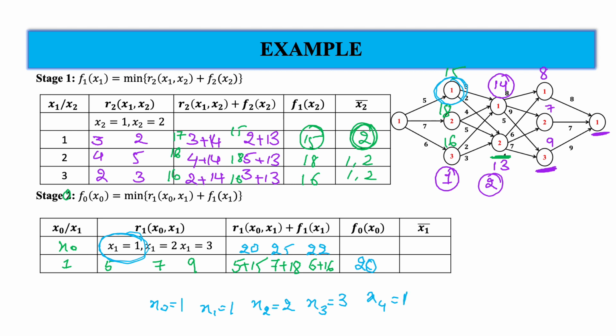Okay, so your path goes from 1 to 1, 1 to 2, 1 to 3, and from 3 to 1, which is your minimum length. That's how you can solve the shortest distance path problem using dynamic programming.